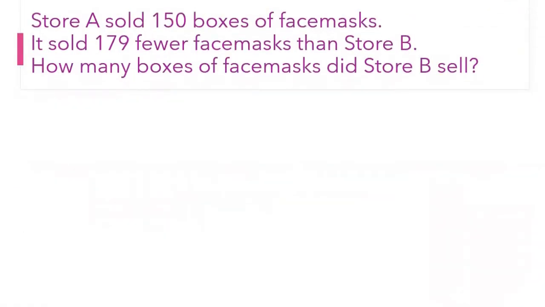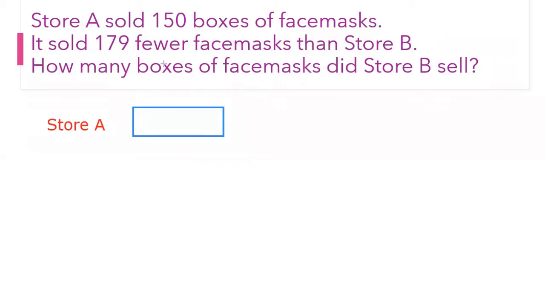So first, we know that store A sold 150 boxes. So I'll be naming here store A. And then let's draw a box. This box will represent 150 boxes. Remember, this is a grade 2 word problem.